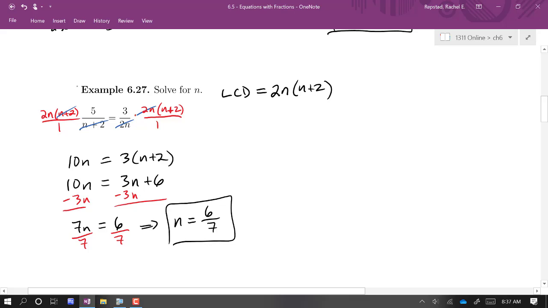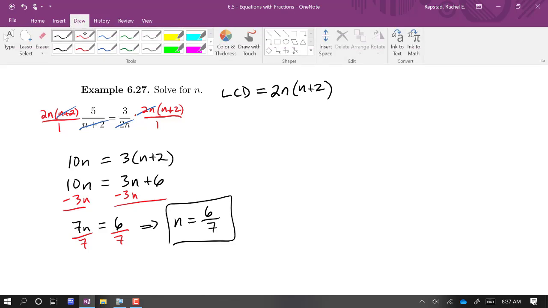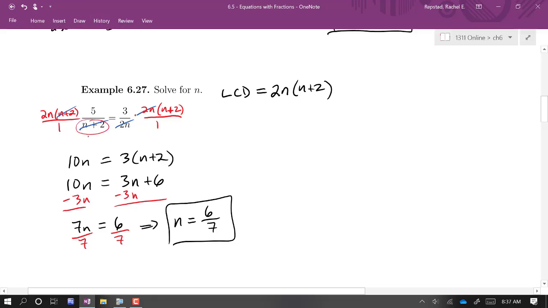The only values that make us divide by 0 would be -2, which would make that denominator 0, and 0, which would make that denominator 0. So there's no issues here, but you do have to make sure that if you solve an equation and you get a result that leads you to divide by 0 in the original equation, that means that value you found is not actually a solution to the equation.